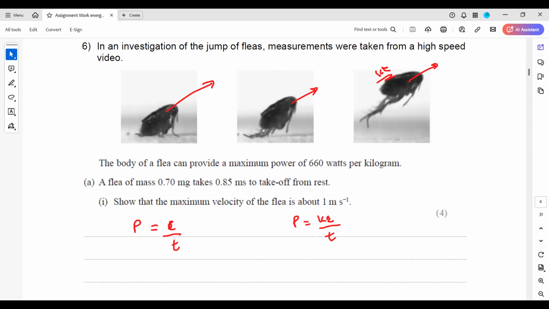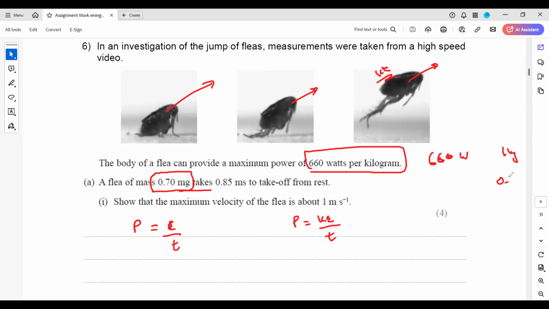We have the power, it's given as 660 watts, but that is for each kilogram. This is 660 watts per kilogram, but the mass of the flea is only 0.7 milligram. So how will I know the total power? It's 660 watts for 1 kg.